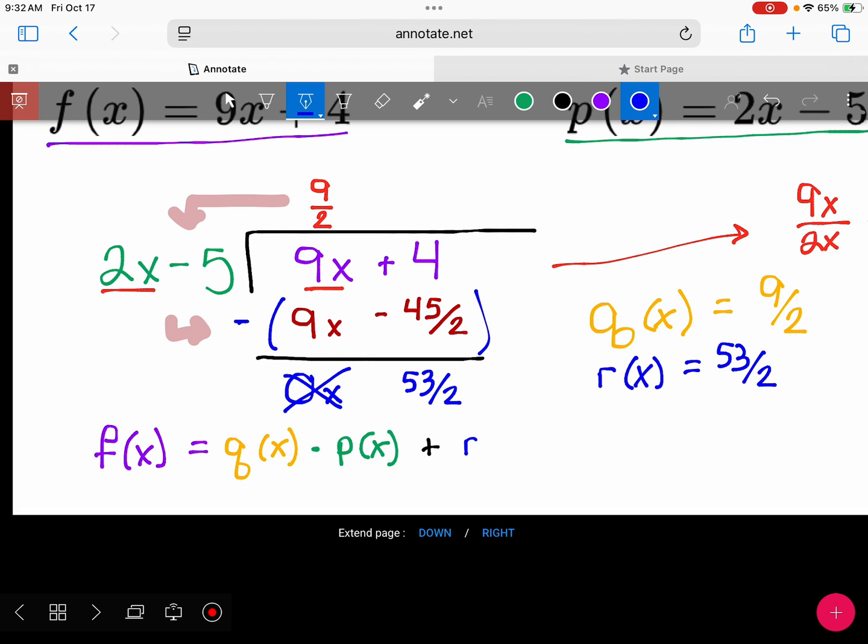So you could absolutely substitute these pieces back in to check. I could take my 9/2 times 2x minus 5, and then add this, and I should get exactly 9x plus 4.